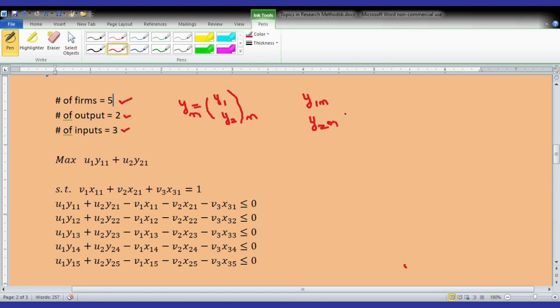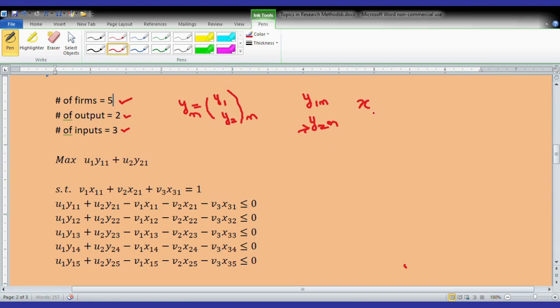So if we are talking with respect to firm 1, this will become y11, and this will become y21, and so on. Similarly, we will be using x for denoting the input vectors.